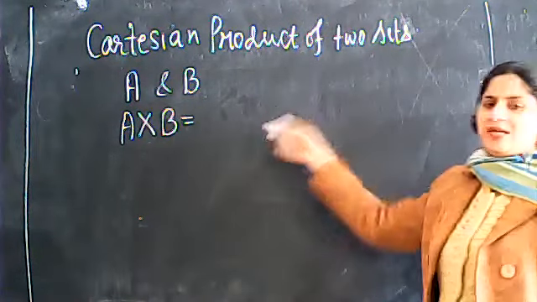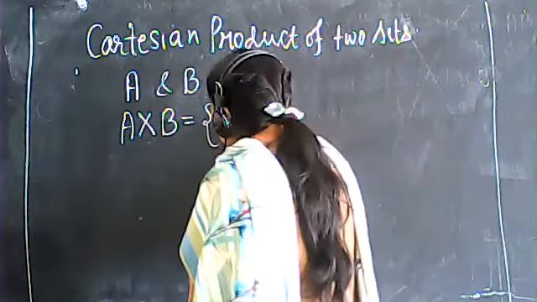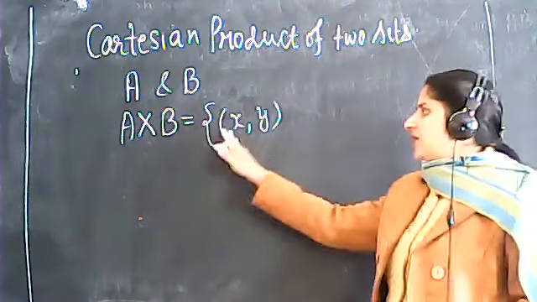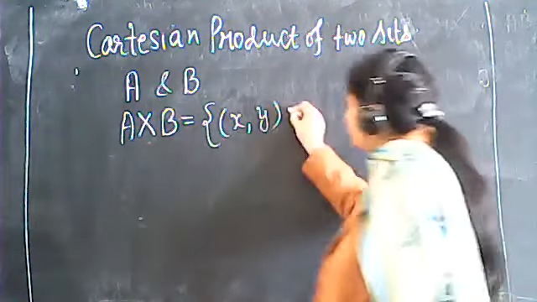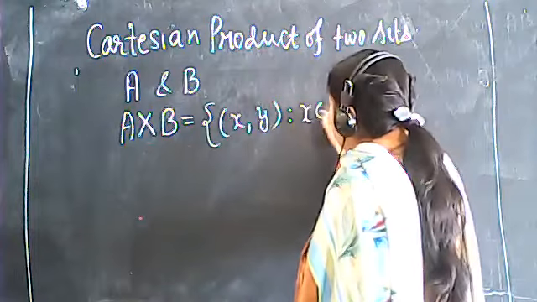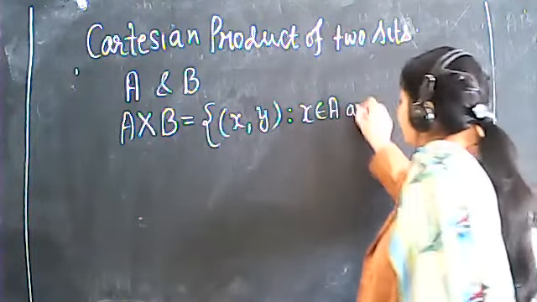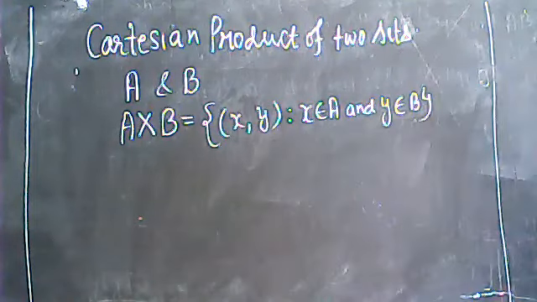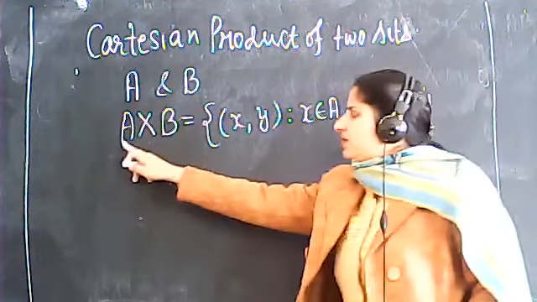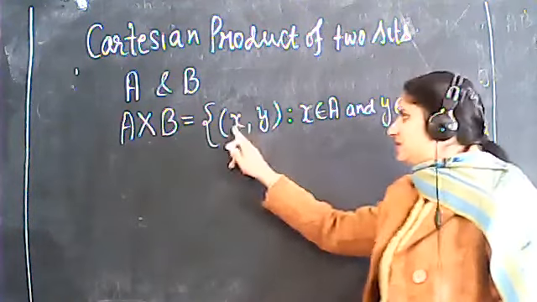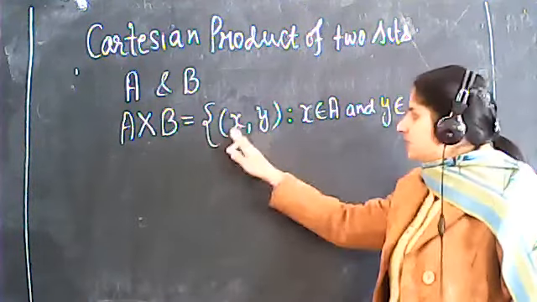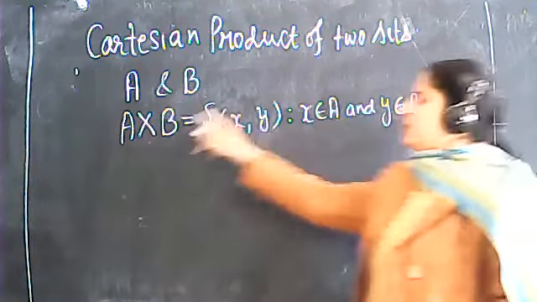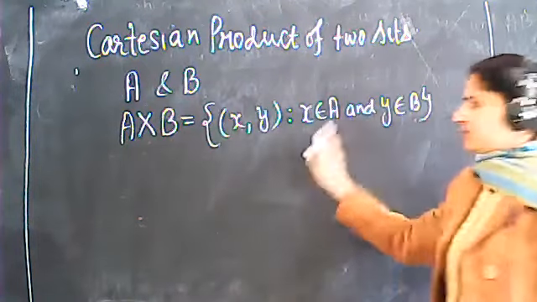How can we define this term? It is basically the collection of ordered pairs. A cross B means the collection of all the ordered pairs such that the first element, that is X, belongs to set A, and the second element, that is Y, belongs to the second set. So the Cartesian product of two sets A and B is the collection of ordered pairs in which the first element belongs to the first set and the second element belongs to the second set. Is the definition clear?